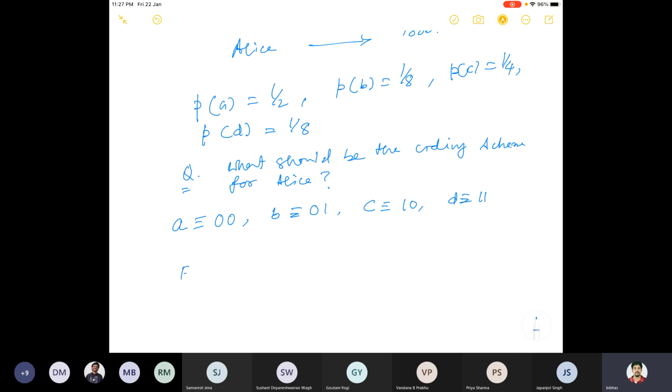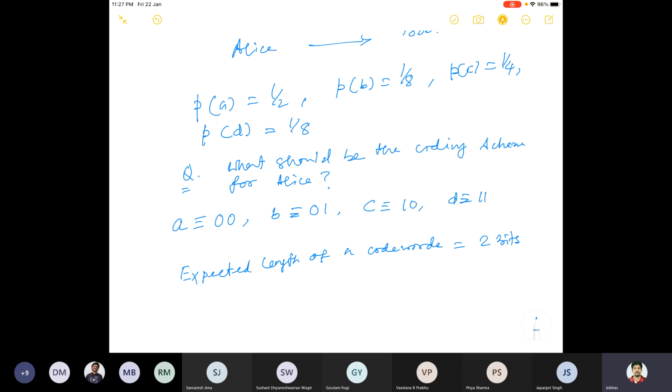What is the expected length of a code word? Yeah, so this is 2 bits.